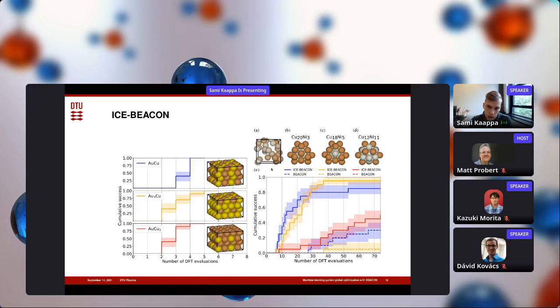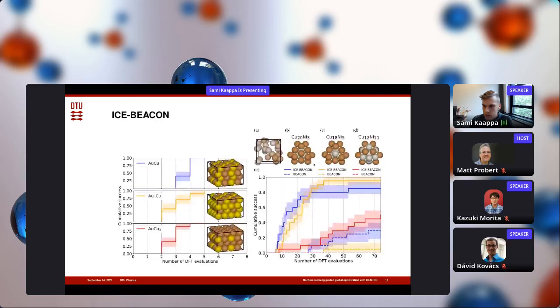Another thing that you can do is optimize the coordinates along the way, in addition to the elements. And for these 3 clusters, we can show that it performs much better than BEACON only, because BEACON cannot jump in between the barriers, such as the ice idea.